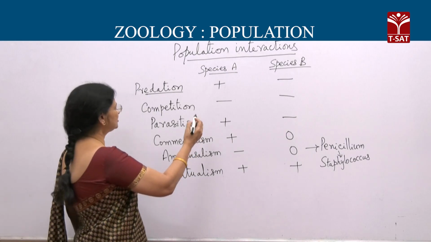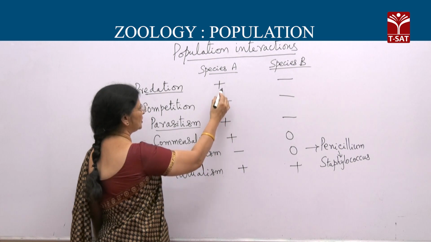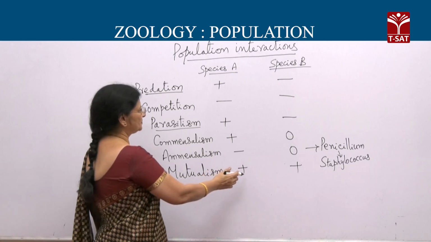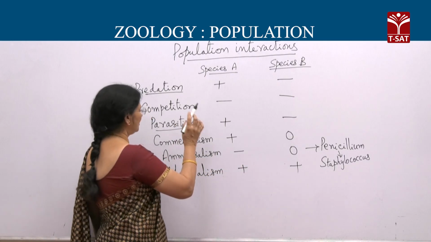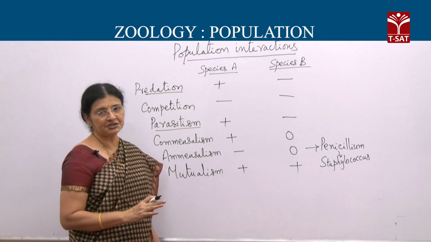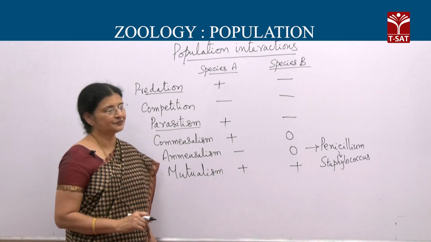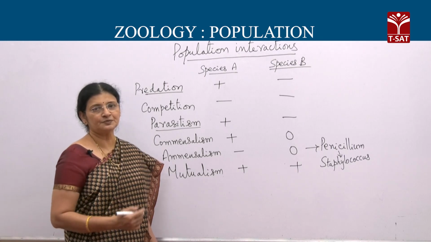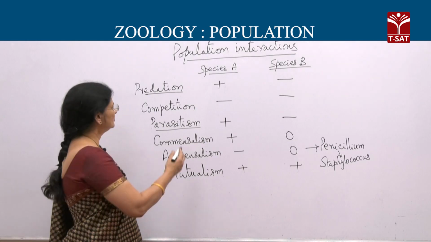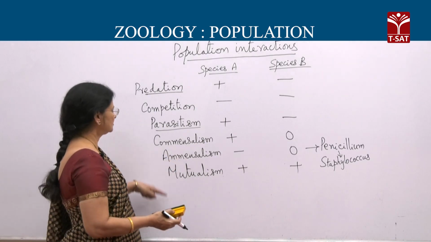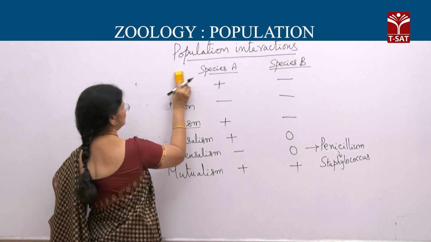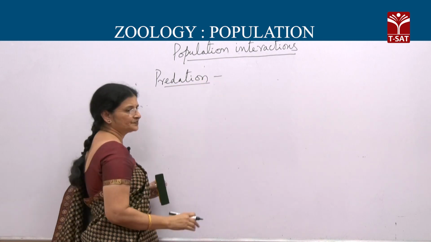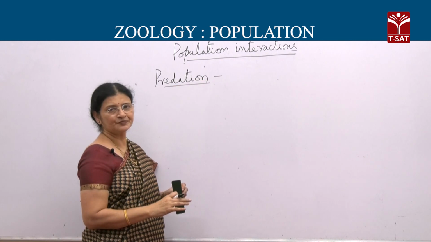In this, parasitism and predation both show similar types of effects, whereas in mutualism both of them get benefited, and in competition both of them get harmed, or affected, if not harmed. These are some of the symbols they use to explain these associations. Now, let us talk about each type of association. First, let us see predation. Predation acts as a conduit.